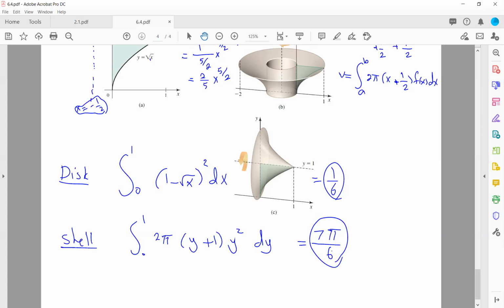Okay, let me share my screen with you. So here we have these functions. And we're trying to rotate this around y equals to 1. So what are we doing?